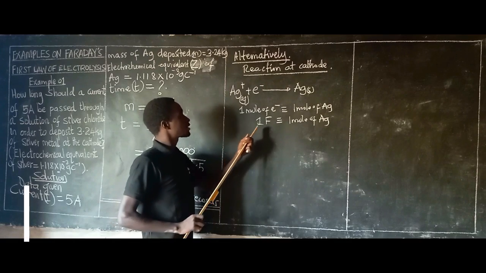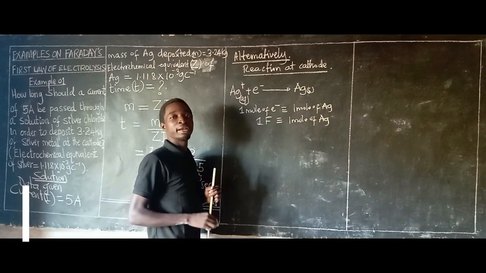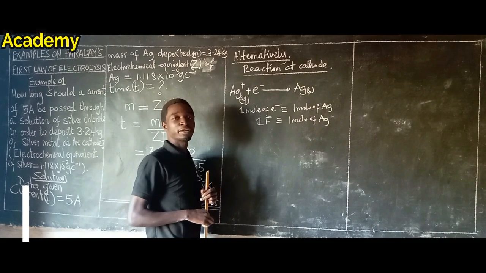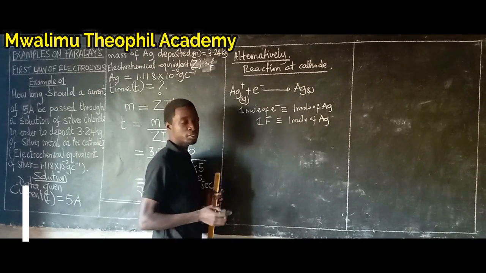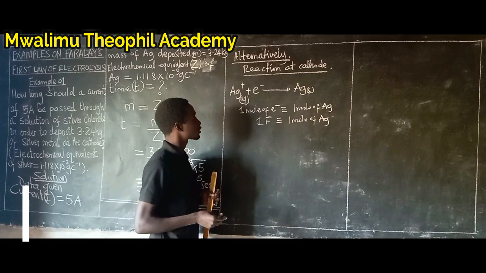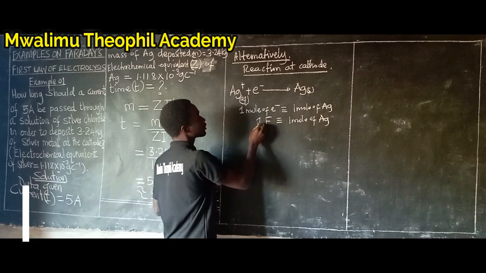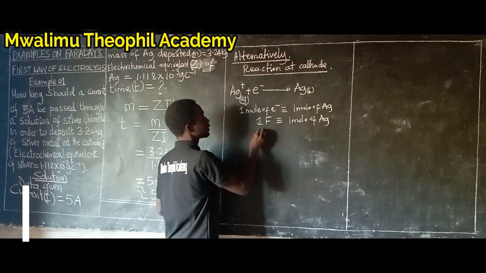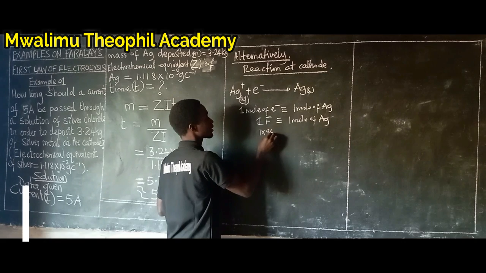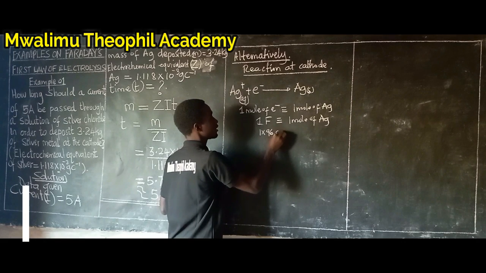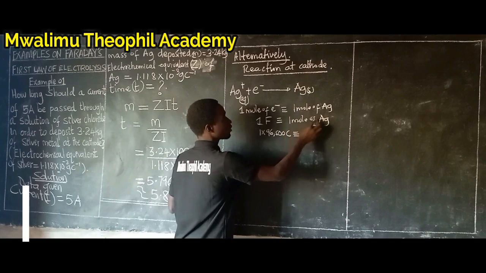Also, 1 Faraday is equal to 96,500 coulombs. Now I can change these Faradays into coulombs, I mean, the quantity of electricity in terms of charge. So 1 times 96,500 coulombs will be equivalent to 1 mole of silver.